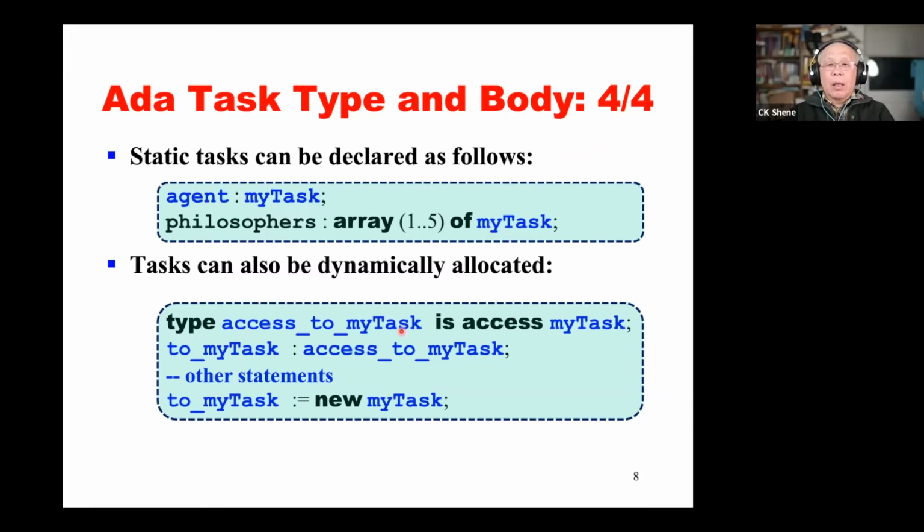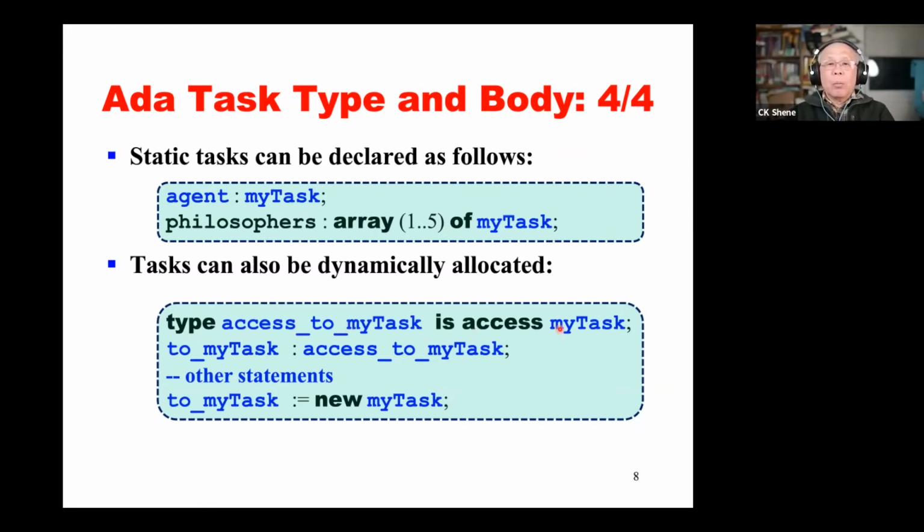Tasks may also be dynamically allocated, and that is called an access type. So this type, access to my task, is an access type. Access to what? Access to my task. So in C terminology, access to my task is basically a pointer to this task, my task.